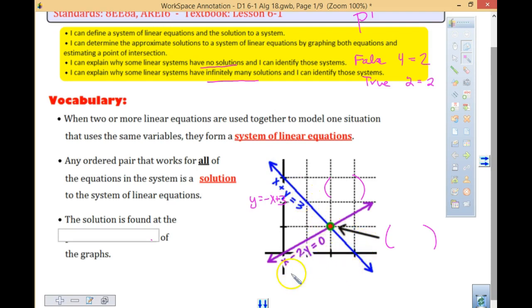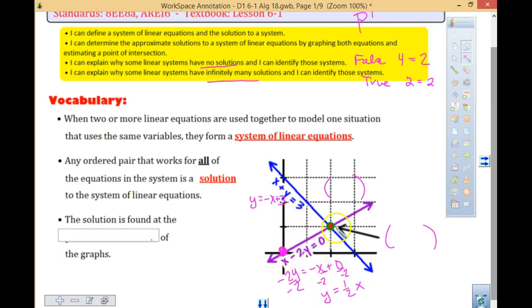Yeah. This equation, if I was going to rewrite it and solve for y, put it in slope-intercept form, I would have subtracted x first, and I would have had negative 2y, and then I divide everything by negative 2. 0 divided by negative 2 is still a y-intercept of 0. And my new equation has a slope of negative over negative, which would be 1/2 x, so y equals 1/2 x.